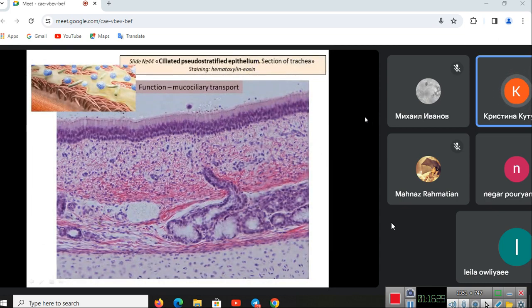So the function is mucociliary transport. Here you can see the dust particles which stick to the surface of the epithelium, and this mucus with viruses and bacteria is moved with the help of beating of cilia.